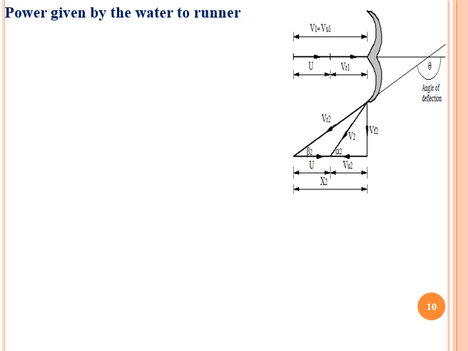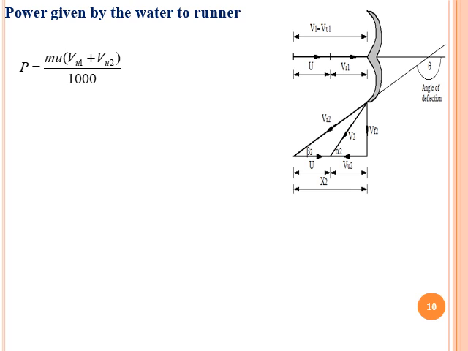So now power given by the water to the runner is calculated by using the power formula. Power is equals to m into u into VU1 plus VU2 by 1000. So here m is equals to mass flow rate of fluid, that means mass flow rate of water to the turbine. That is calculated by using the expression of density. The density is a ratio of mass by volume.